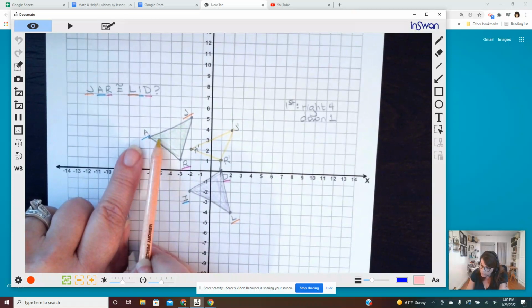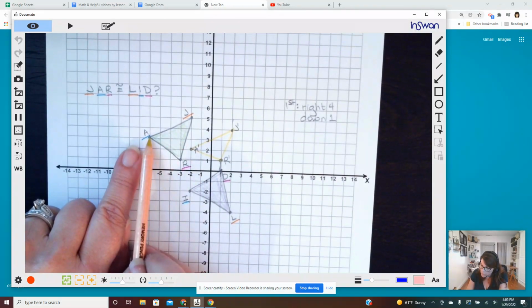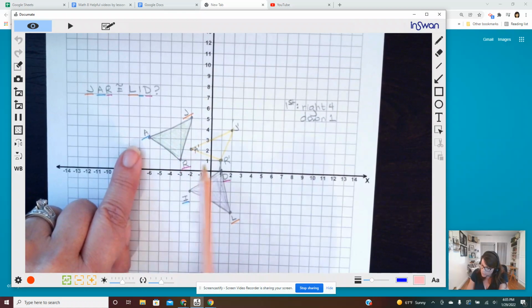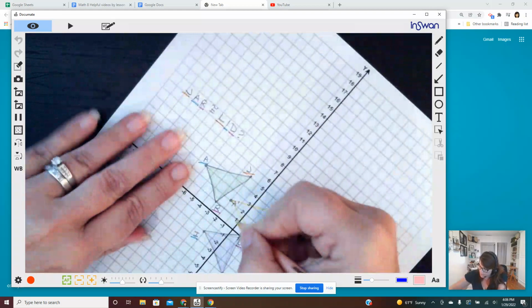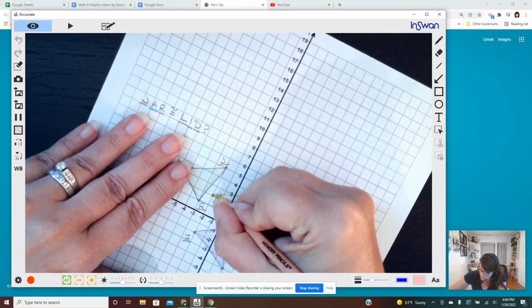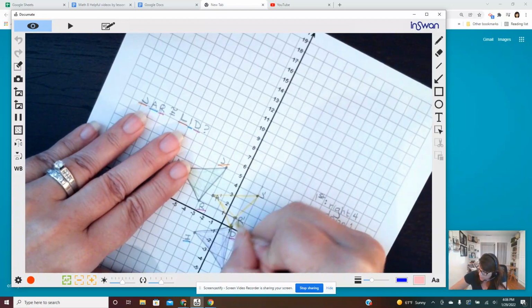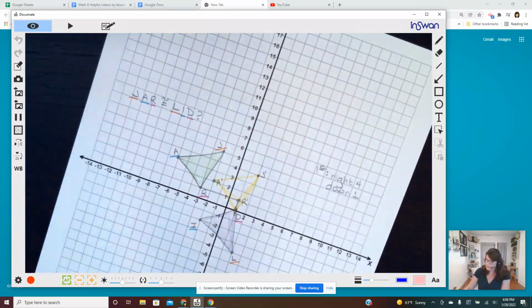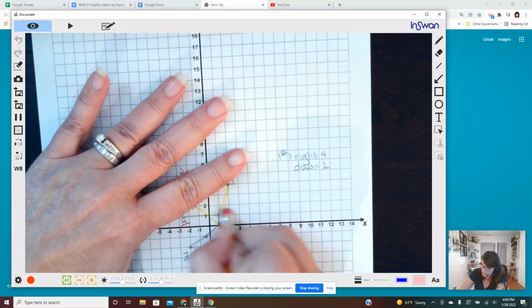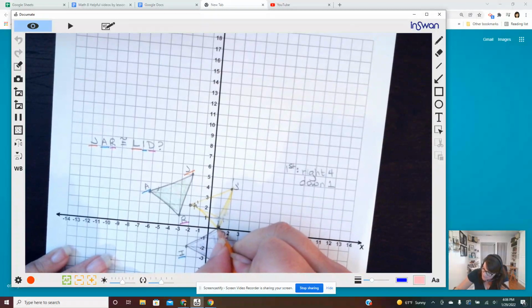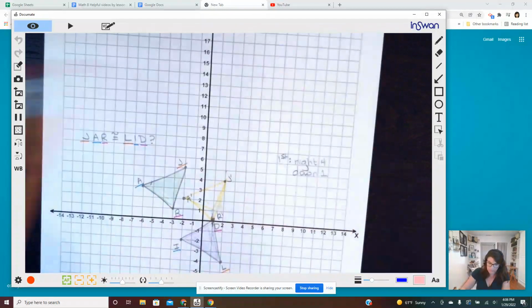Let me double check. 1, 2, 3, 4, down 1. Oops, I missed that part. The shape looked wrong, and when that happens, check it out. See if you did something wrong. So that makes this R prime.